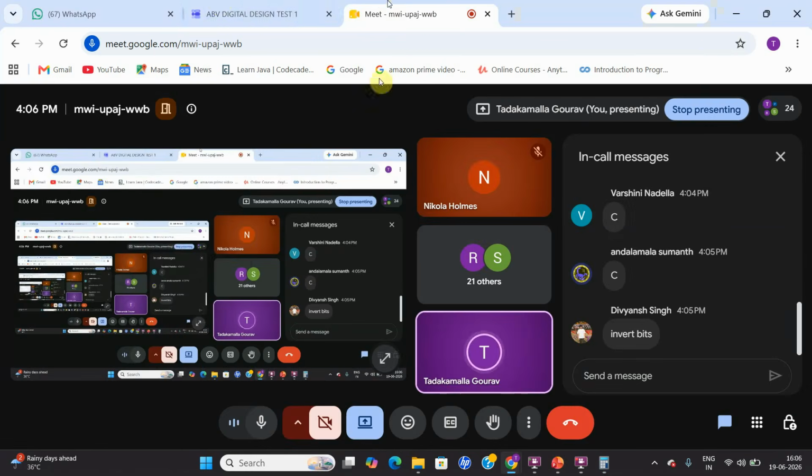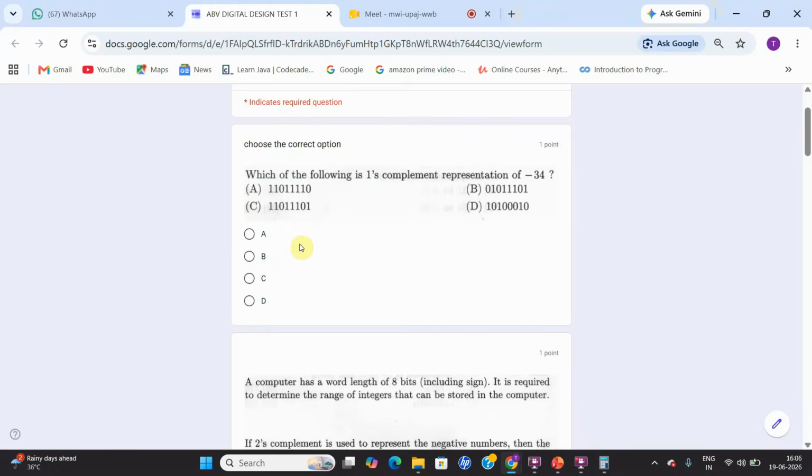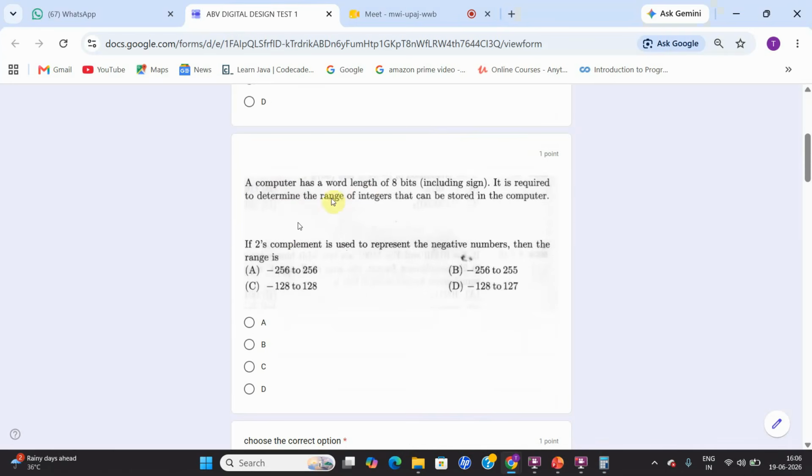Now, what is the second question's answer? A computer has a word length of 8 bits, including sign bit. It is required to determine the range of integers that can be stored in the computer. So if 2's complement is used to represent the negative numbers, then the range of the numbers is. It's a very simple question, which we have already discussed.